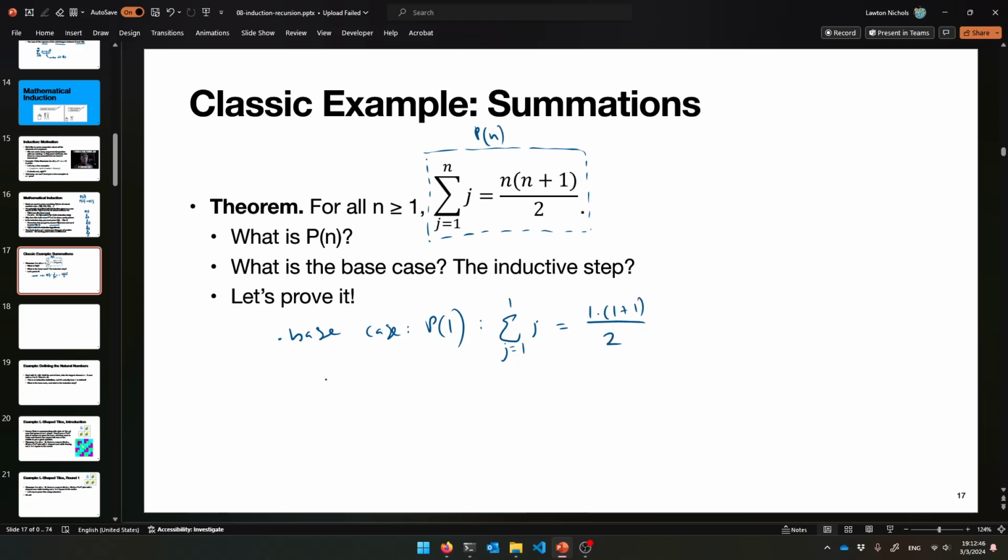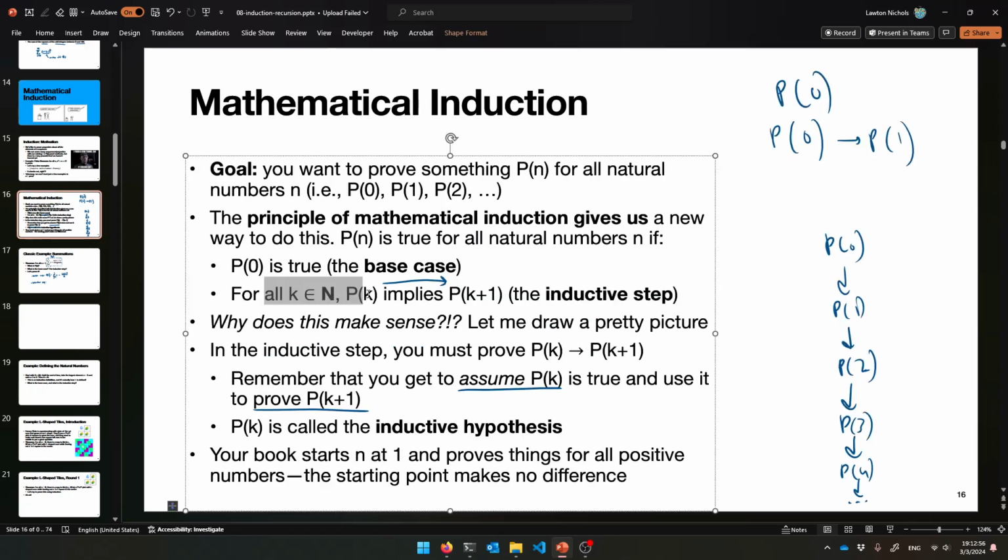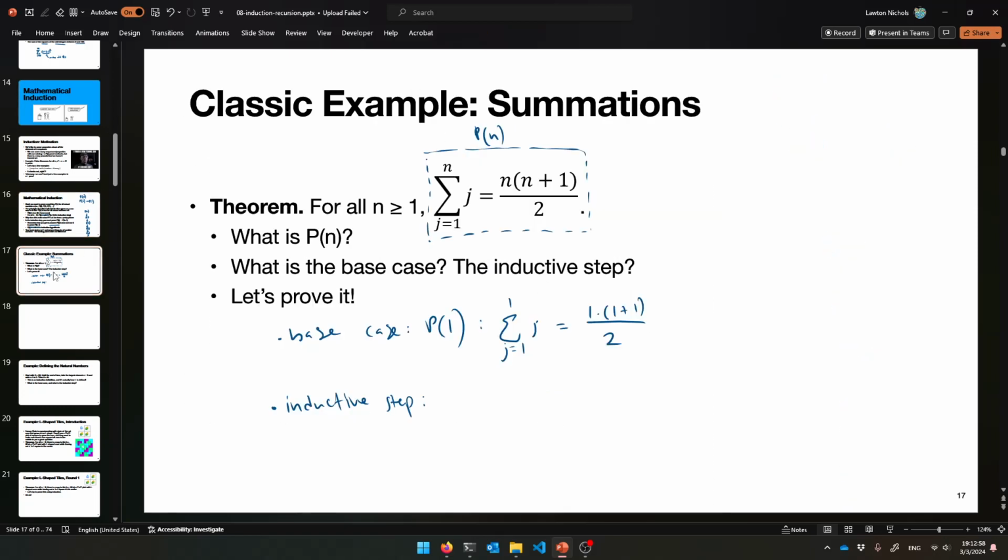We've got to show that that checks out. That's the base case. And then the inductive step is you assume, for all k, P of k implies P of k plus 1. So P of k gives you P of k plus 1. All right, so those are the two pieces.